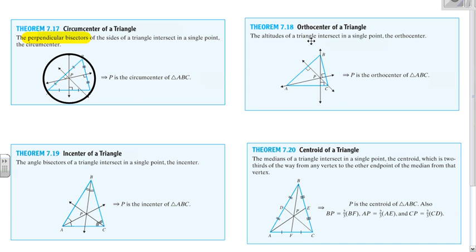There's also the orthocenter, which is where all three altitudes intersect.